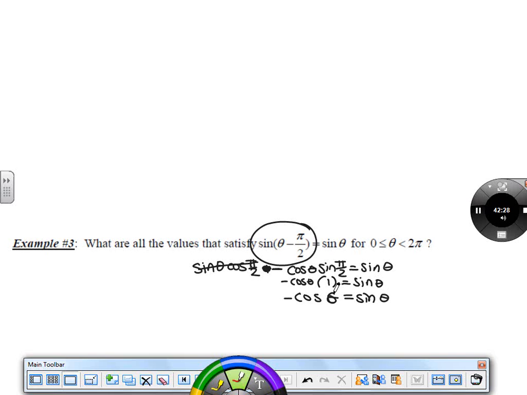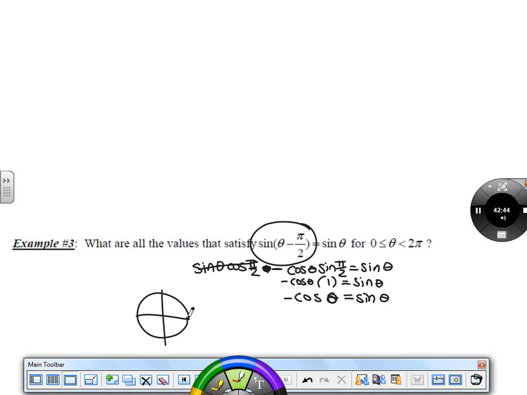Once we've learned all the formulas, we're going to learn a different way of solving. But now my goal is to find an angle between 0 and 2 pi, one time around the unit circle, where the opposite of the cosine of the angle is equal to the sine of the angle.